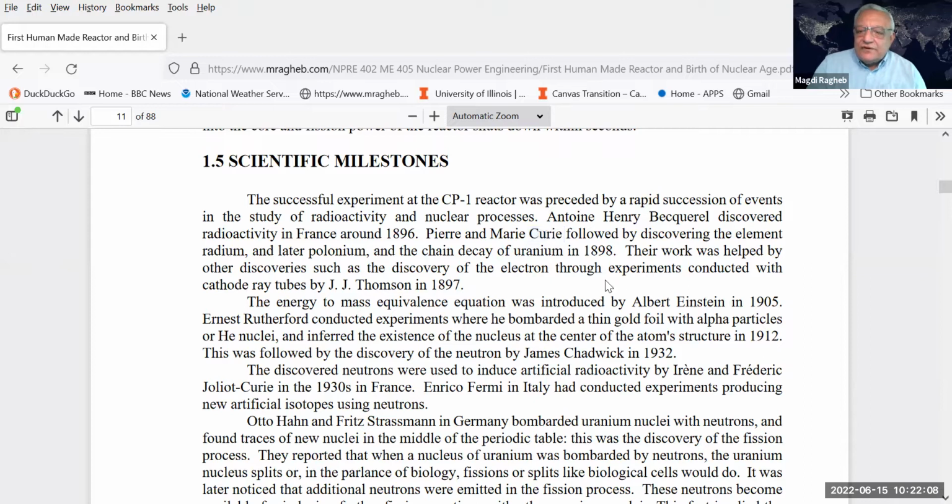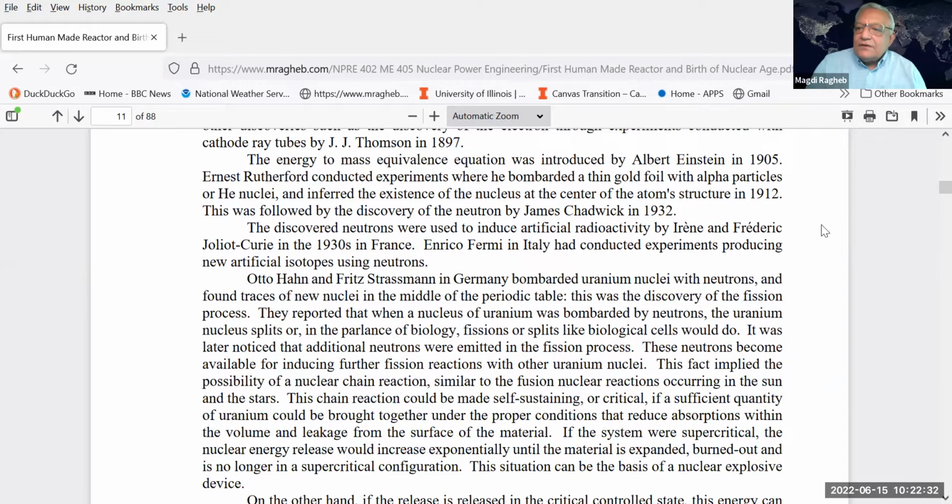Their work was a result of earlier discoveries in the 1890s, an earlier discovery in 1897 by J.J. Thomson in the UK, who carried experiments with cathode ray tubes, and after the discovery of X-rays by Röntgen in general. Came 1905, and Albert Einstein theoretically established the equivalence of mass to energy, the very famous equation E is equal to delta m c squared.